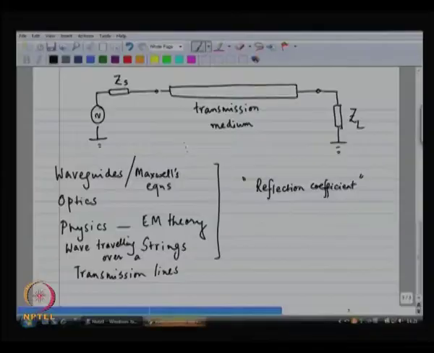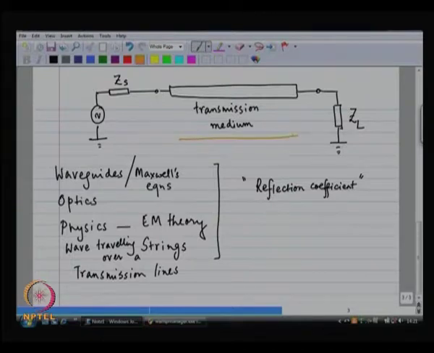All right. So, with this background, I am going to frame the sentence. The sentence is like this: I am going to launch a wave from the source over a transmission medium and receive this wave over the load. So, I am going to launch the wave over the transmission medium. What is going to happen is, when I launch the wave over the transmission medium, the wave propagates over the transmission medium all the way to the receiver, then it hits the receiver, a portion of this wave gets absorbed in the receiver, a portion of the wave is reflected back.